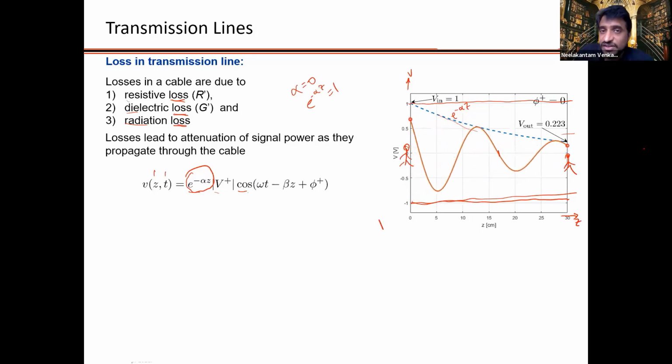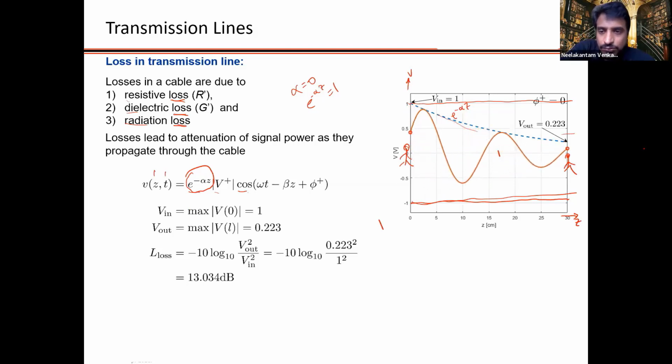Sending a signal over a wireless air medium is a lot less lossy than laying down a physical cable. The physical cable would have so much loss that by the time it reaches Australia, it's going to be dying off altogether. That's how even satellite communication is possible. We are able to send signals not just to our satellites, but even to outer space, to missions that are going beyond the solar system.